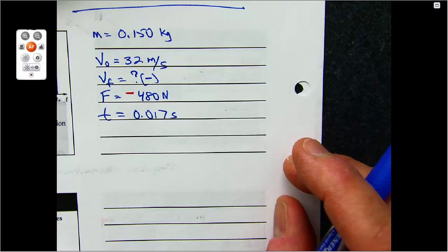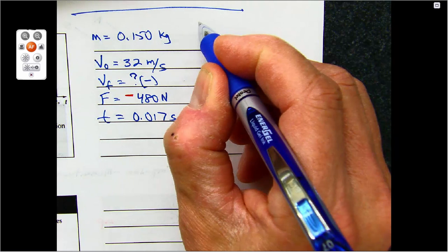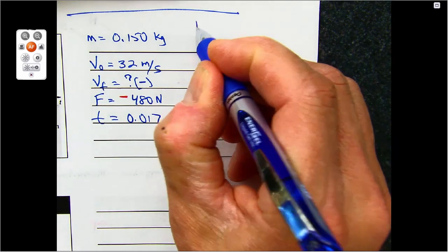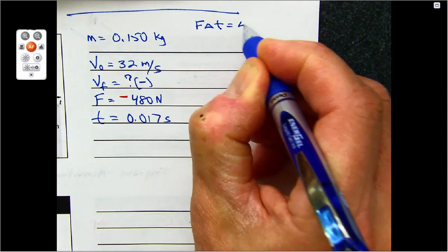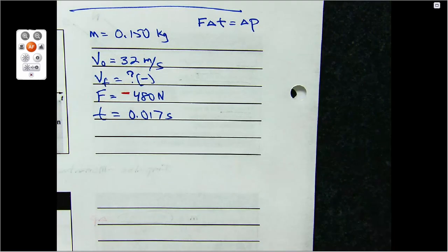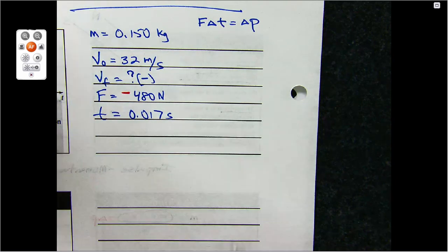So I'm just going to write down my equation to get used to it. I know that my force times my change in time is equal to my change in momentum. And I know my momentum is mass times velocity.